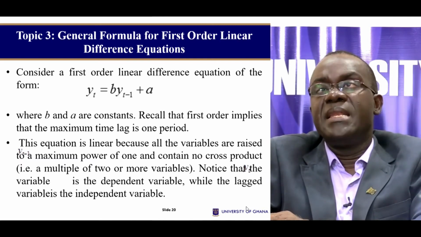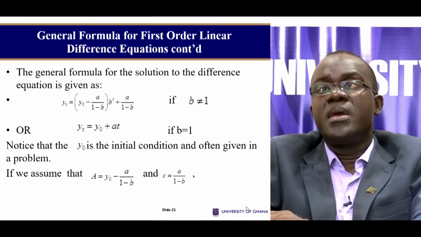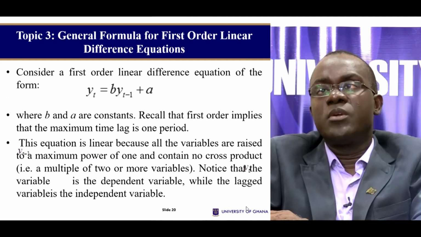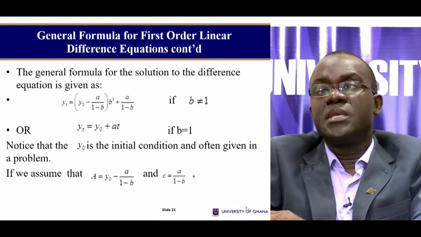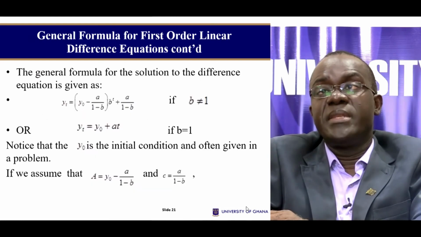When you have a linear difference equation of this form, this is the general solution in a situation where your b is not equal to 1. The y0 here is a constant that is always given. The a and b are the coefficients that you have standing here. Whatever value is here, you put it there.